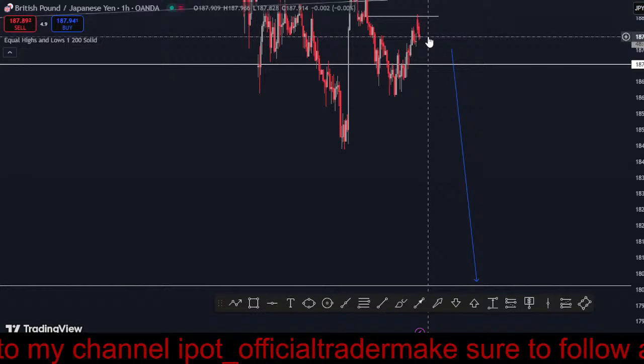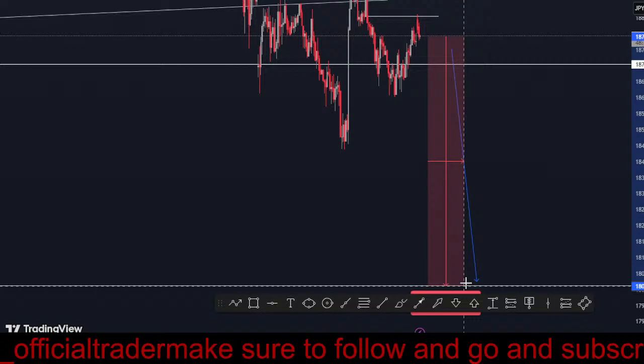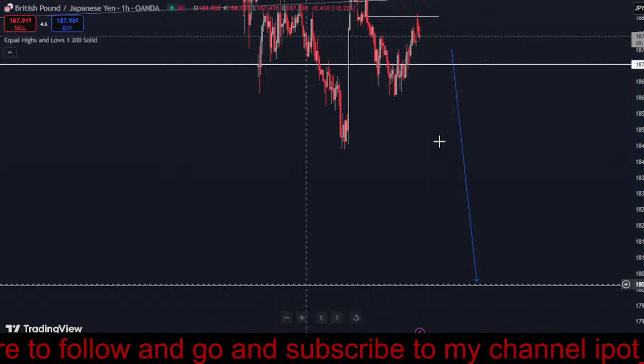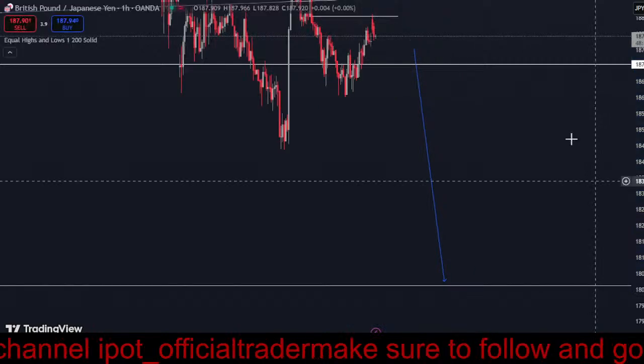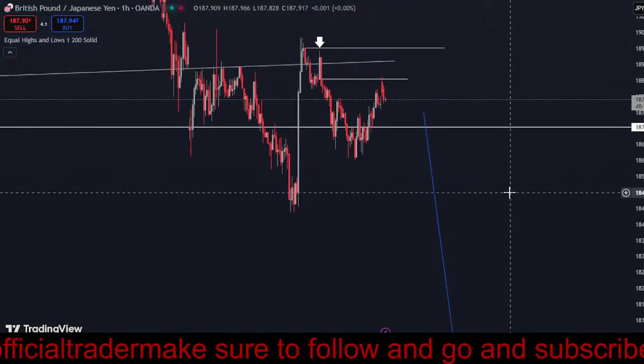That would give us an approximation of around 774 pips. So that's quite a good amount of points to be focusing on GBPJPY. That's one thing that I'm going to be looking at and focusing on at the moment.